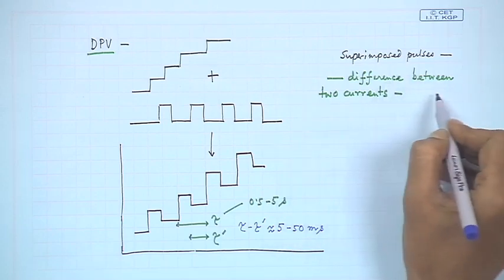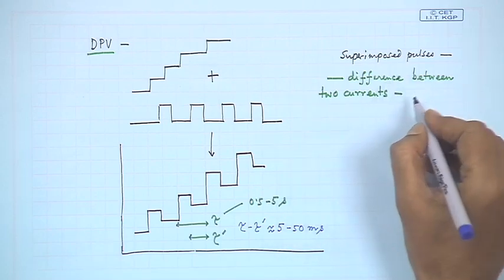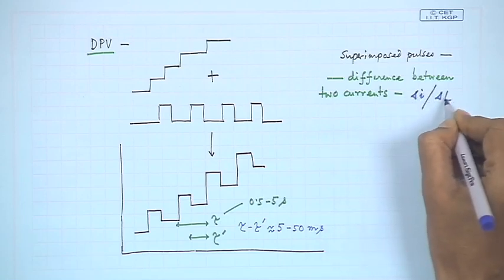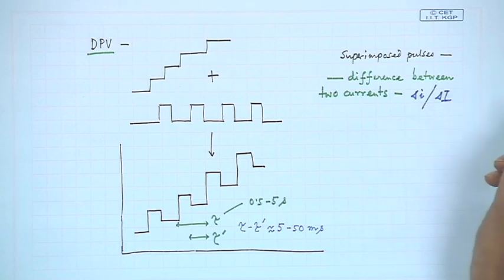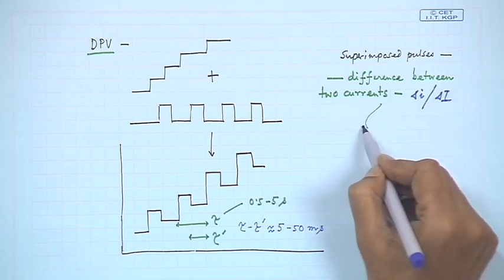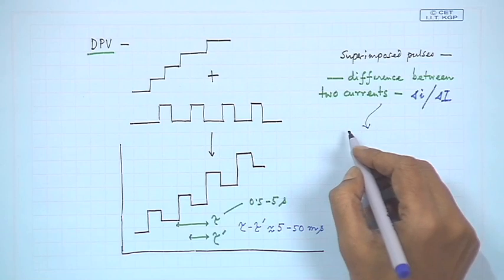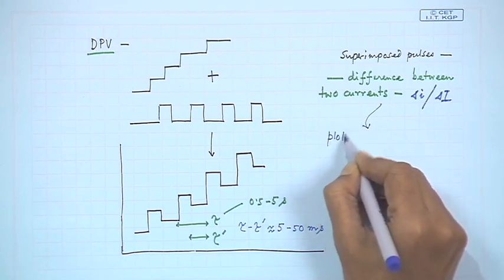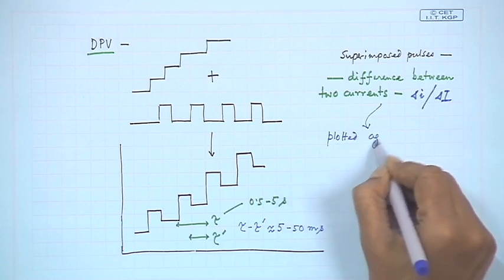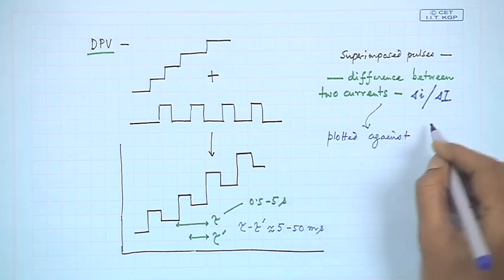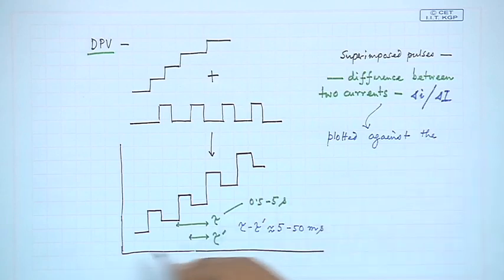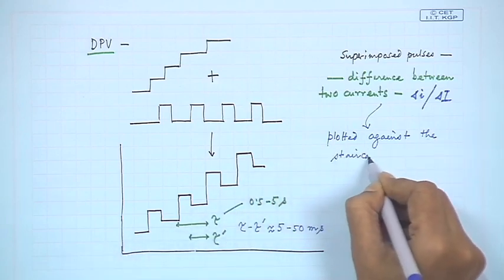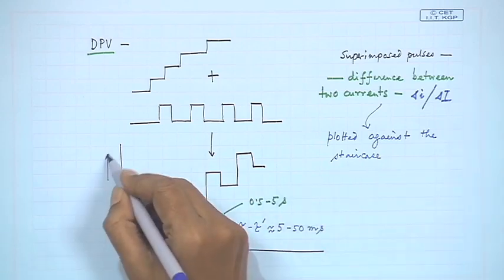So, you get the difference between these two currents. This difference in current you can consider as delta I, or del I, and we plot it against the staircase potential, because this potential is changing.